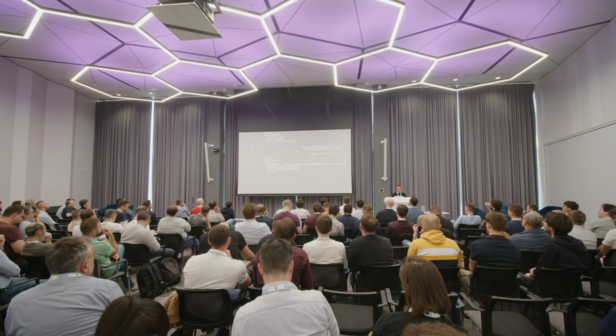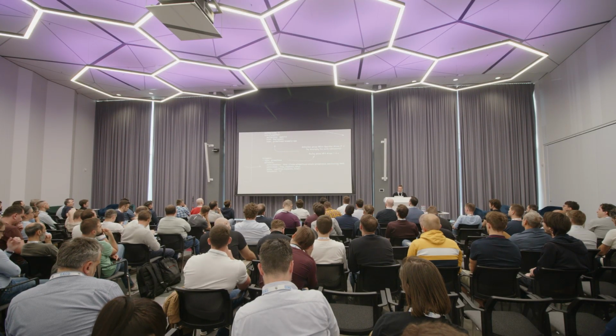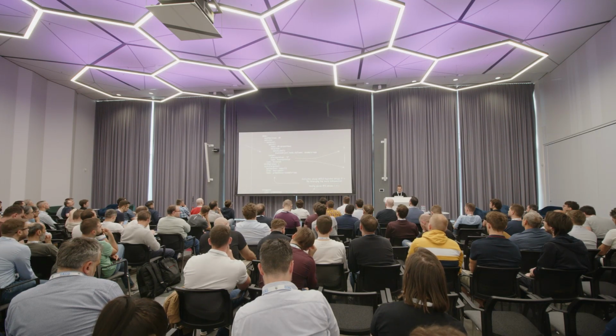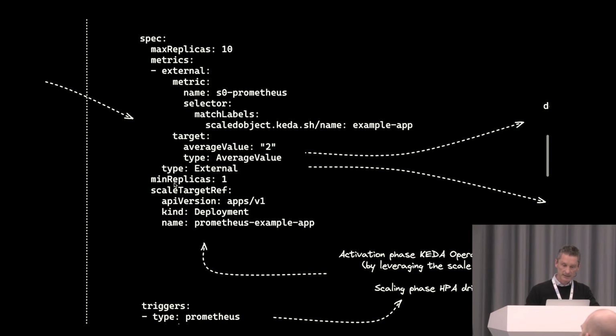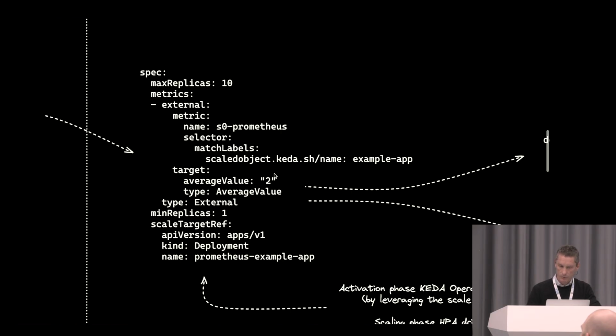We are starting from this snippet here from the scaled object, which is a custom resource from KEDA again, and KEDA translates that into an HPA resource, again for the scaling from 1 to n and n to 1. So you can see that it is very similar.